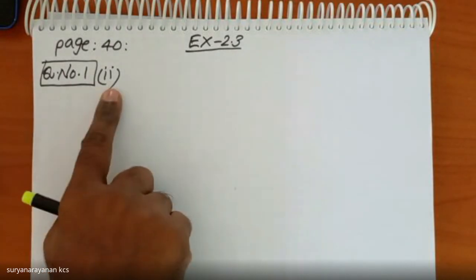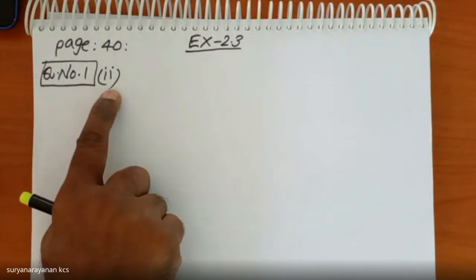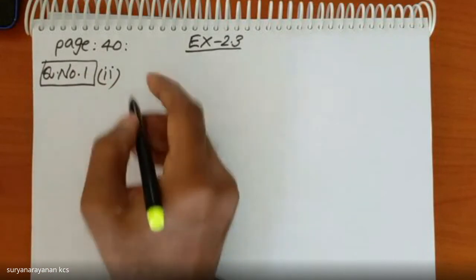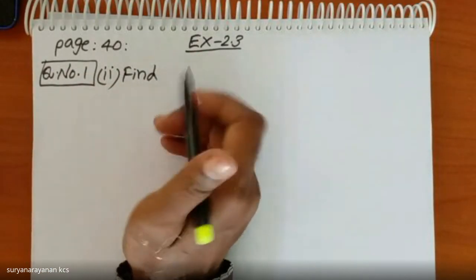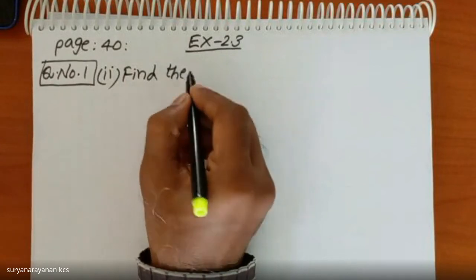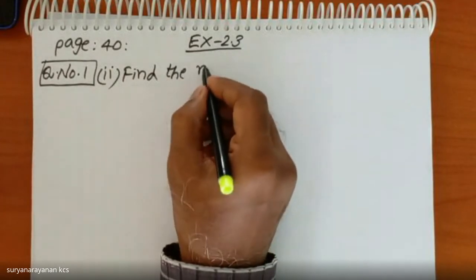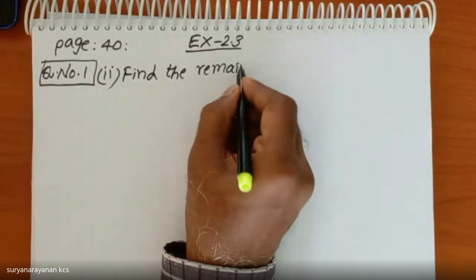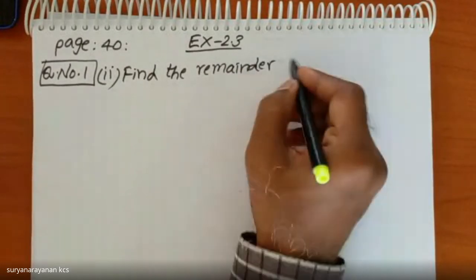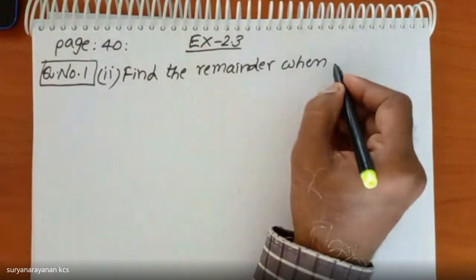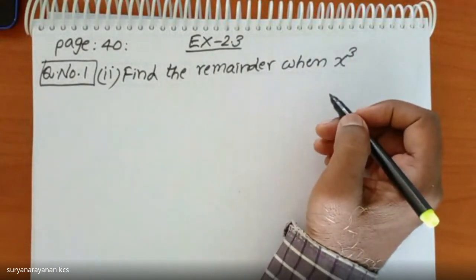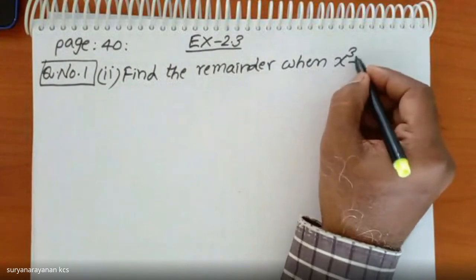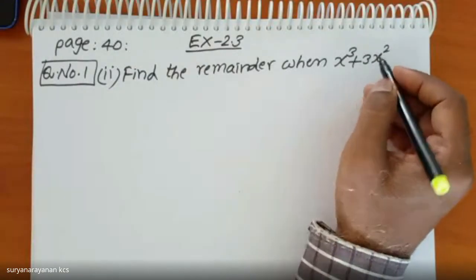Here in this class, I'm explaining question number 2 first. Find the remainder. There are 5 parts in this question. I'm explaining the second part here. Find the remainder when x cube, what is the polynomial? Read that polynomial, my dear children. x cube plus 3x square plus 3x plus 1.